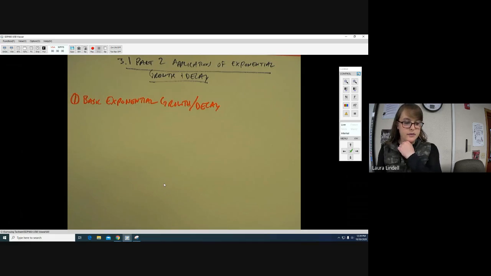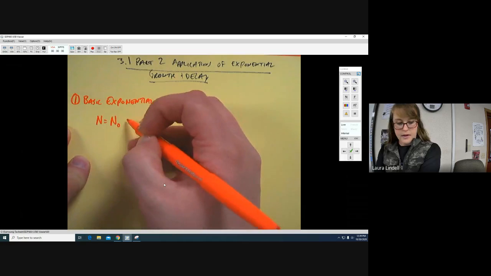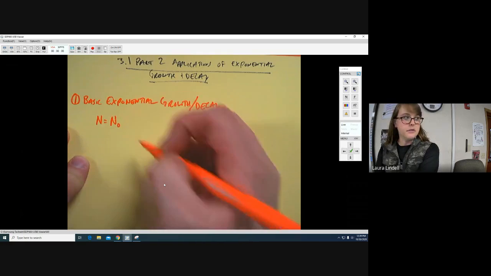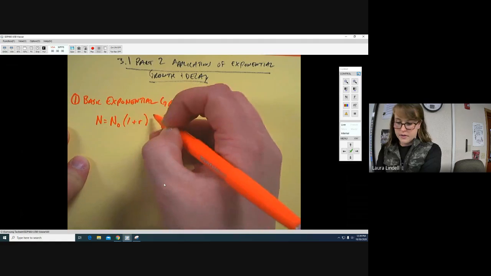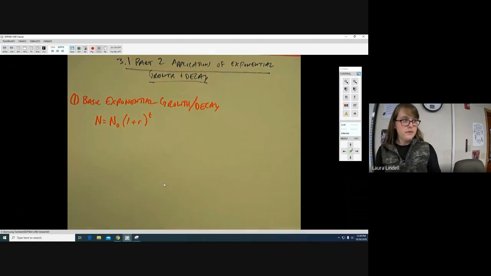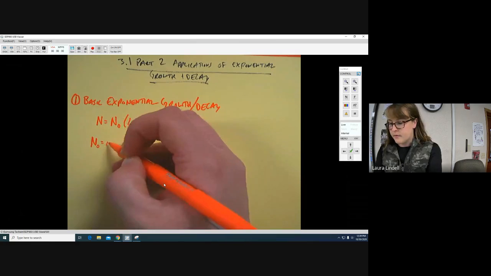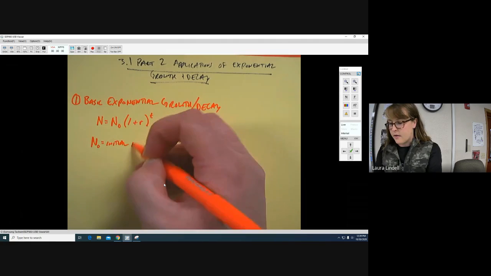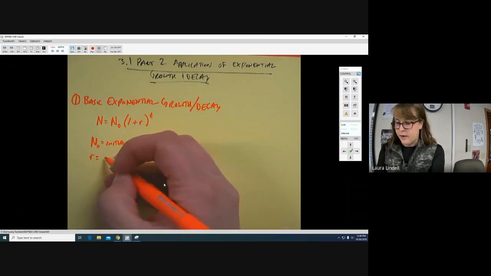So the standard equation for this is N equals N naught, so N sub 0 is N naught, times 1 plus r to the t. N naught is your initial amount. R is your rate of growth or decay.